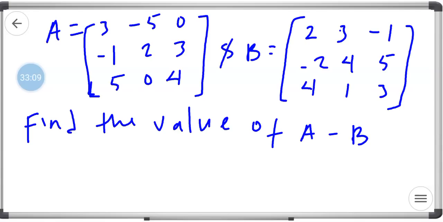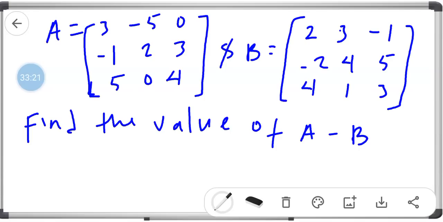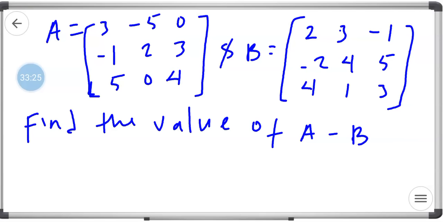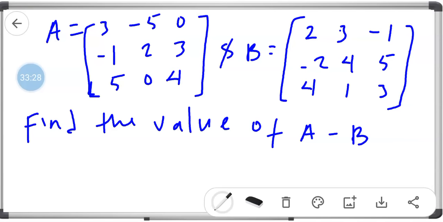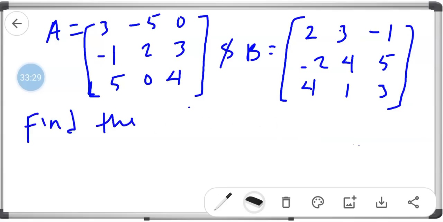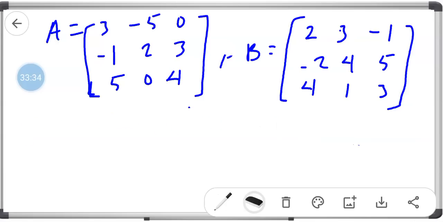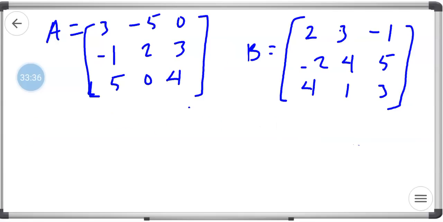A is 3 by 3 and B is also a 3 by 3 matrix, which means we can subtract, because they are of the same order. So quickly, let's subtract and see what we'll be getting. Let me just rub here so that we can use the space. So let's subtract.